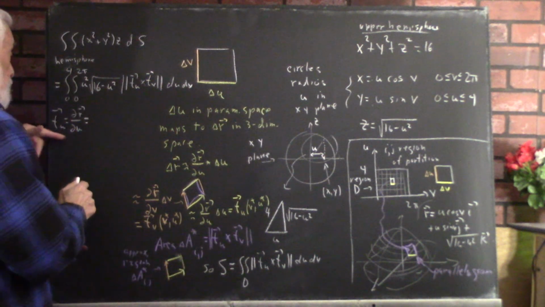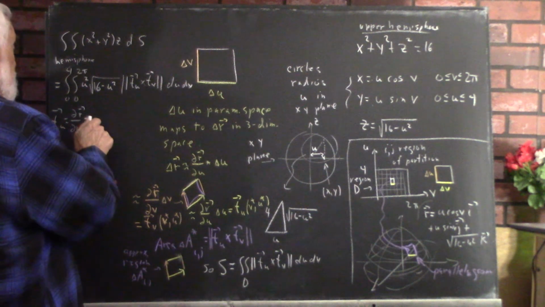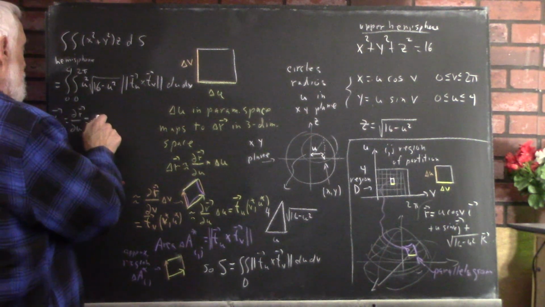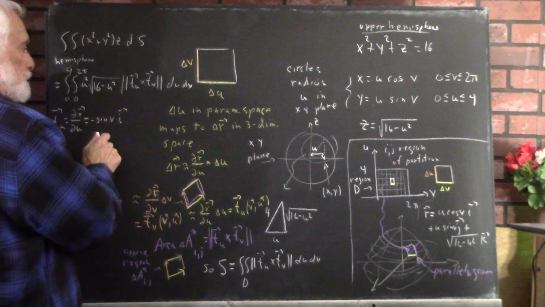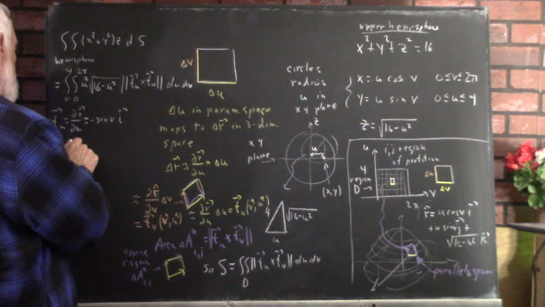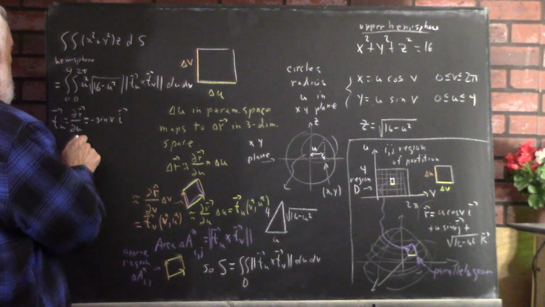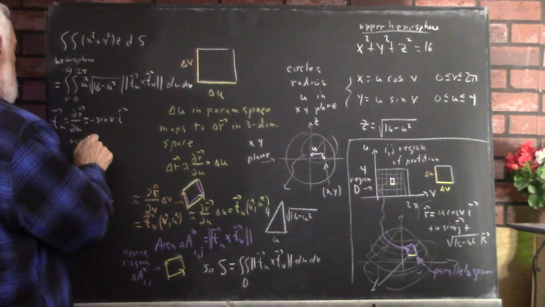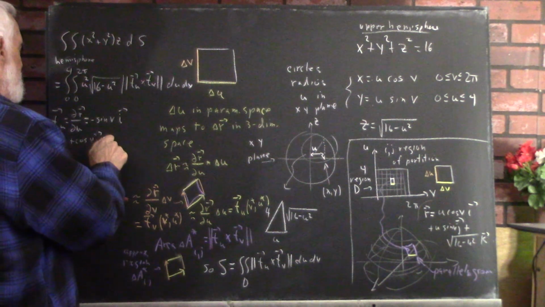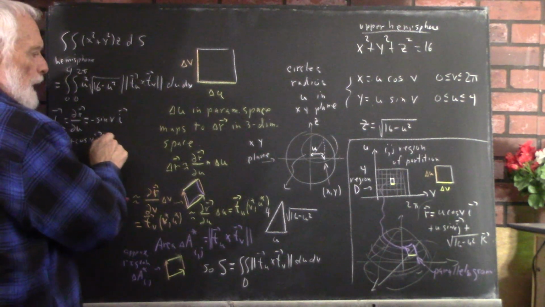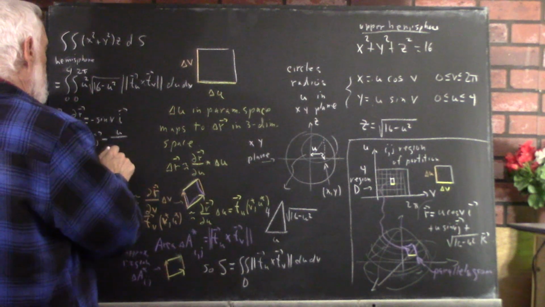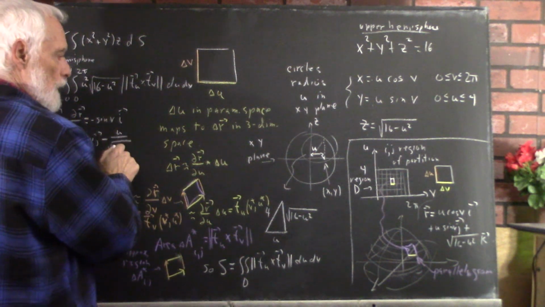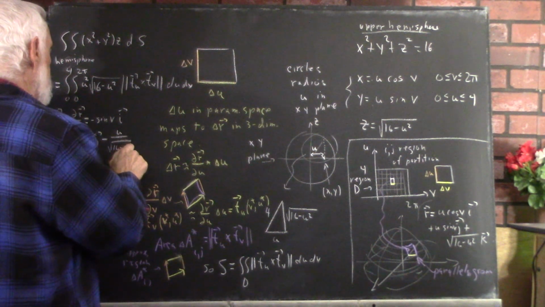Okay, anyhow, your tu is this partial derivative, which is going to be negative sine v i plus cosine v j minus u over the square root of 16 minus u squared.